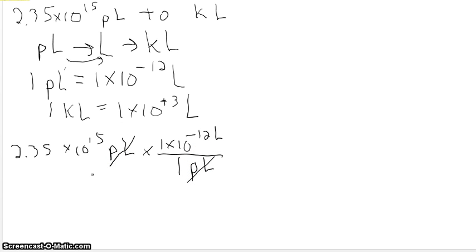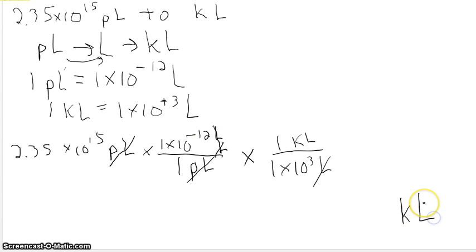Don't skip those steps. So we've got, well, this should be big L here, 1 times 10 to the minus 12 liters per picoliter. Cancel out. Now we can go to kiloliters. 1 kiloliter is 1 times 10 to the 3 liters. Liters cancel out. Gives us units of kiloliters.